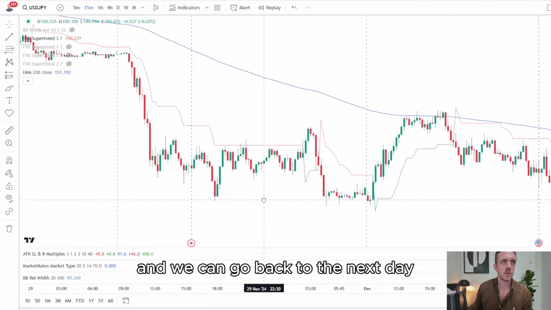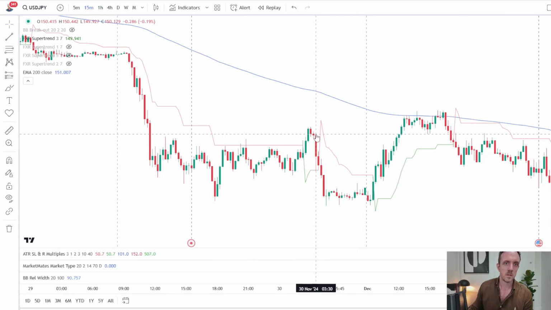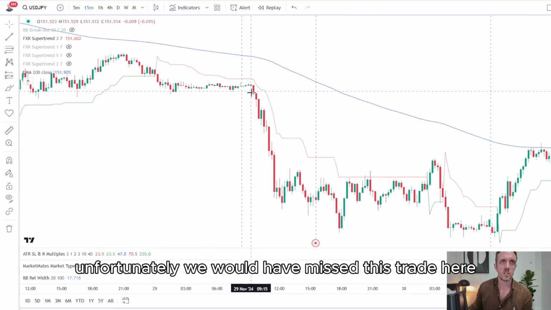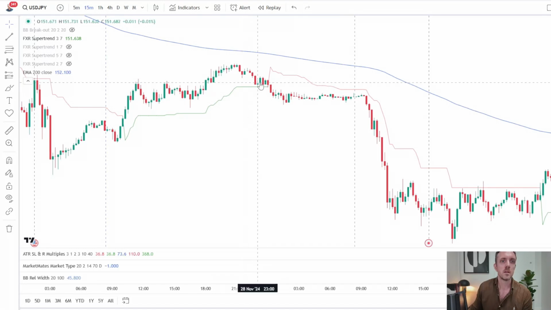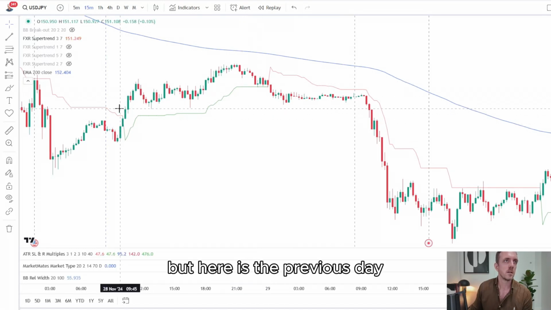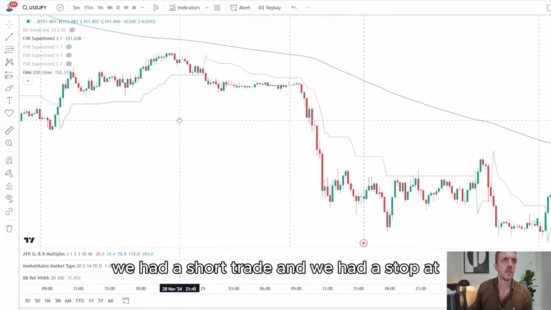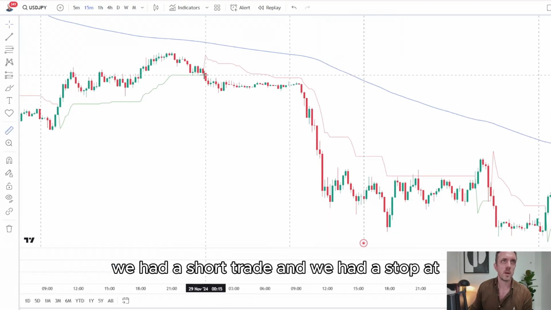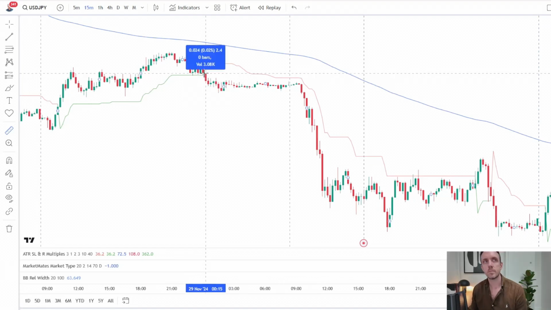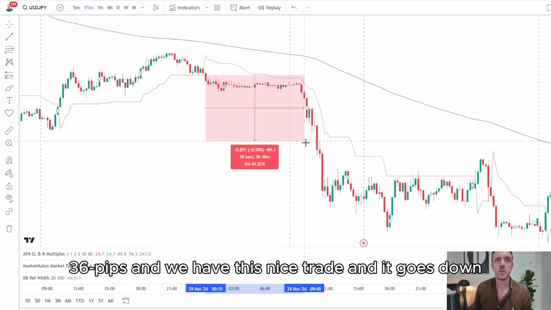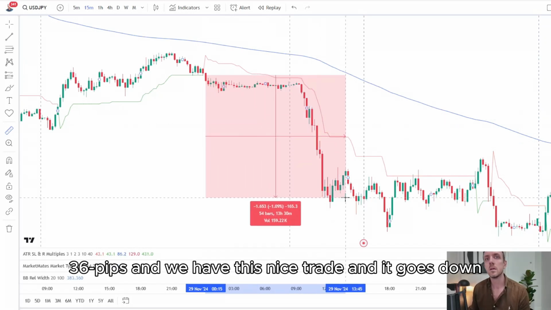And we can go back to the next day. Okay, this one happened early in the morning, so a little bit too late in the day for me. Unfortunately, we would have missed this trade here. But here is the previous day. We had a short trade, and we had a stop at 36 pips, and we have this nice trade, and it goes down.